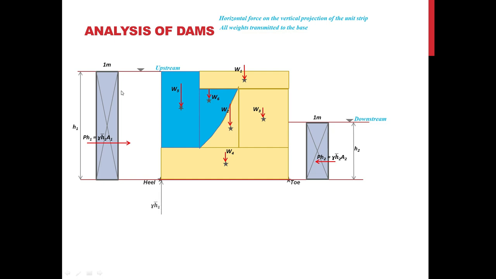So because of the head present on the upstream side, there will be a corresponding pressure that will be developed on the heel. Say that is gamma H bar 1, and the other one is gamma H2.